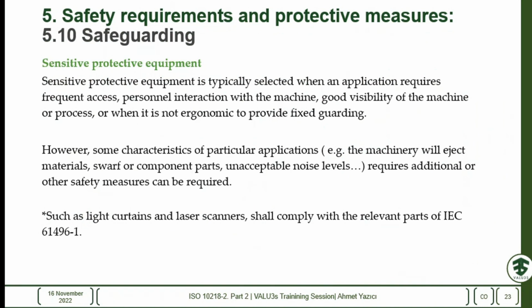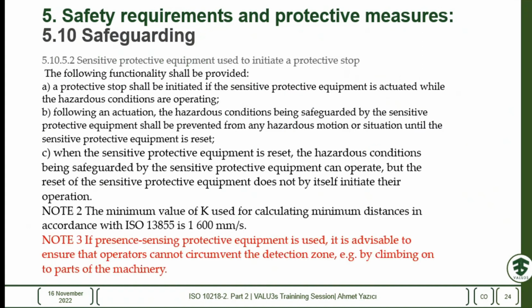There are also some other parts about safeguarding and sensitive protective equipment, with some definitions in this standard. For example, if presence sensing protective equipment is used, it is advised that the operator cannot circumvent the detection zone. This can be sensed based on sensors and hardware, or by climbing on parts of the machine.